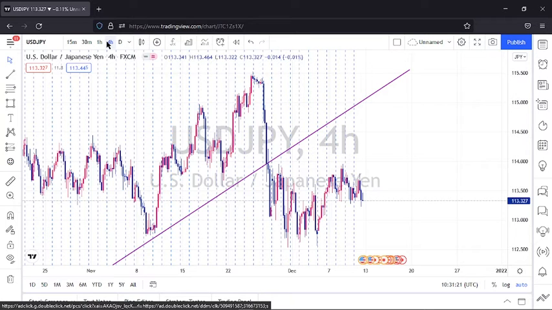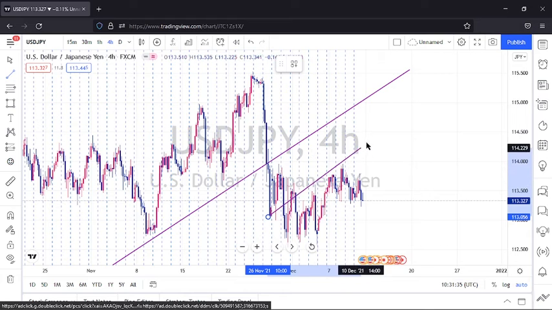So what else am I seeing within the 4 hours? What I'm seeing is a kind of continuation pattern right here. I love to use my trend line to identify that continuation pattern from this point down to this point.